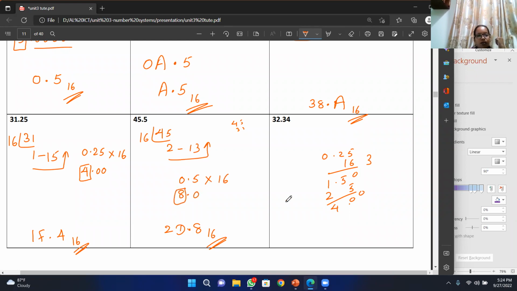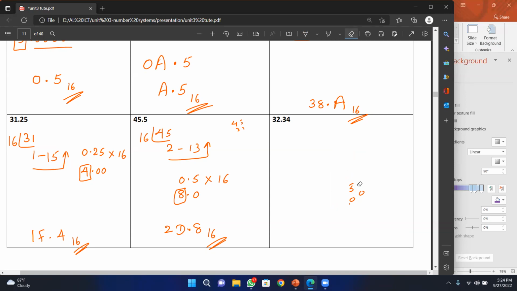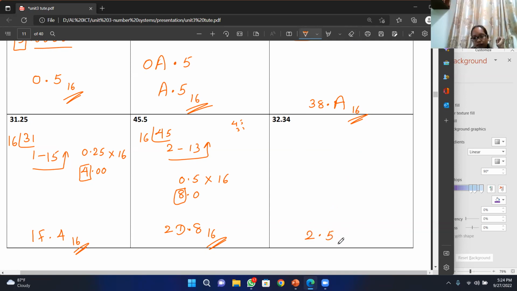Just take 8 from there. Yes. Anybody who has done the last one? Yes, teacher. That is the answer. 2.5 to the base 16, teacher. 2.5. Yes, teacher.